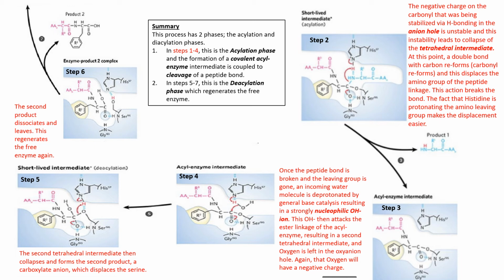The second tetrahedral intermediate then collapses and forms the second product, a carboxylate anion, which displaces the serine. The second product dissociates and leaves. This regenerates the free enzyme. So this is the second product.